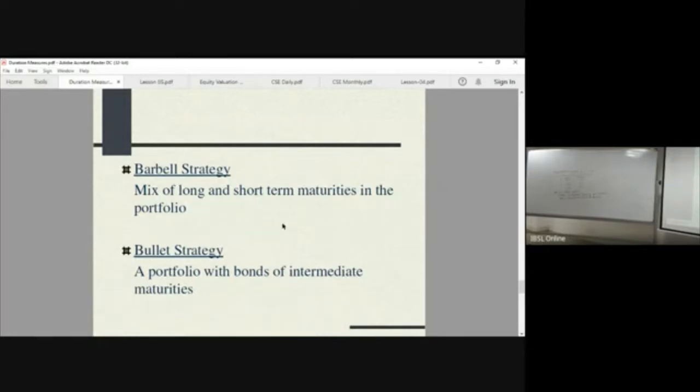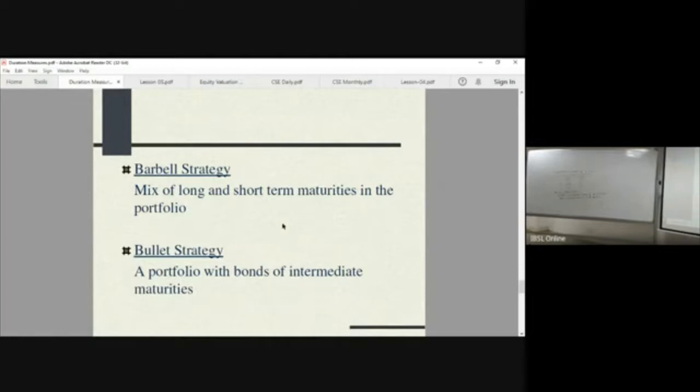But if you have 10-year, 5-year, 3-year and 2-year bonds, then your portfolio duration will come down, might be to 4 or 5. Even though you have 10-year duration bonds there, it doesn't matter, because it really behaves as a portfolio. The portfolio duration is only 4, and it behaves in that manner.